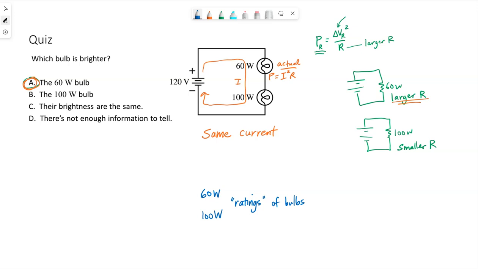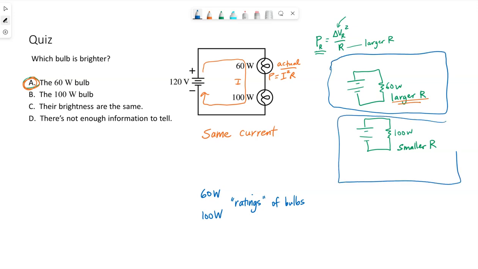So if I put a 60-watt light bulb in a lamp and attach it to the wall outlet, that would be different than having my 100-watt light bulb in its own lamp that I put on my end table or on my nightstand near my bed. So these 60 watts and 100 watts are labeled that based off of assuming each is going to be the only light bulb in the lamp.